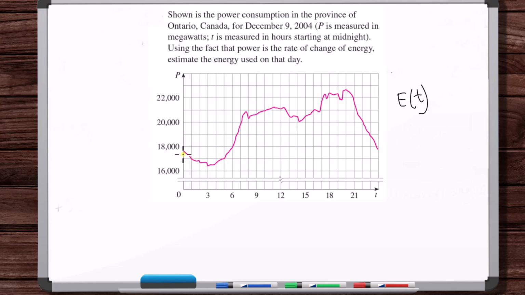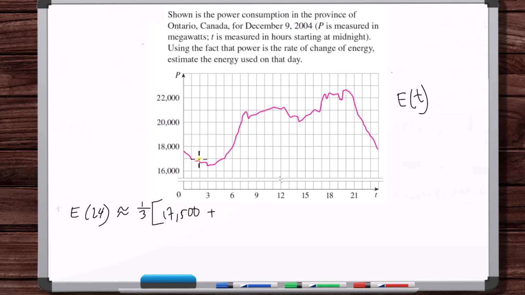All right, the first block is, well, each interval is 1/3. So E of 24 is approximately 1/3 times, what is this height? That would be 17,500.